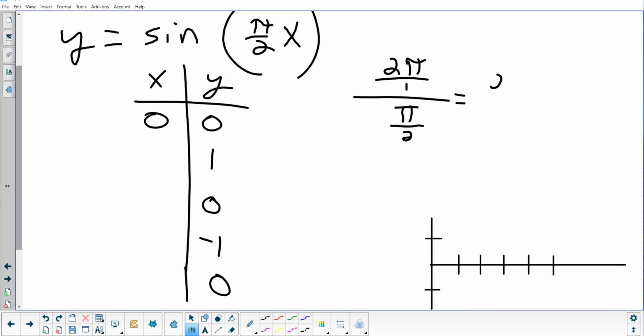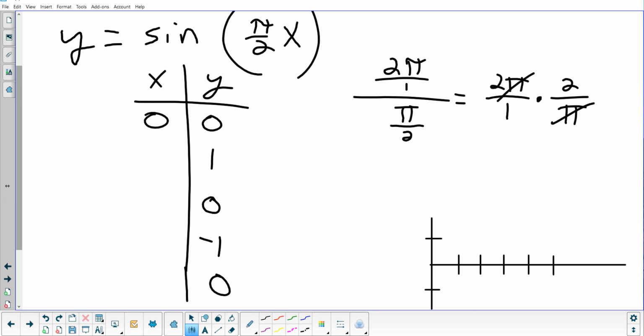Reciprocal. Take the top and multiply it by the reciprocal of the bottom. What is the reciprocal of the bottom? 2 over pi. What happens when I multiply those together? Yeah? The pi cancels. Because you have a pi in the top, pi in the bottom, just like when we convert between degrees and radians.